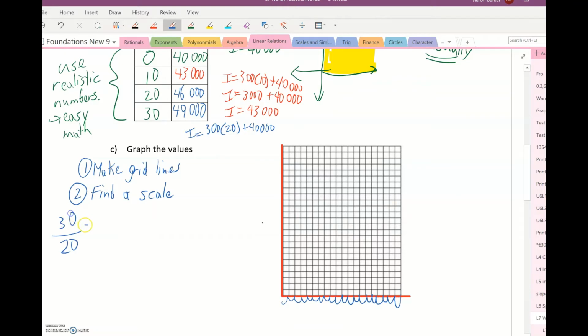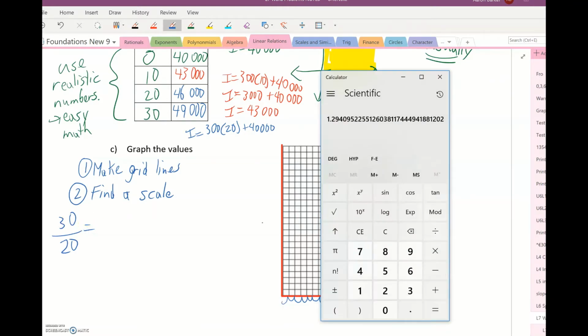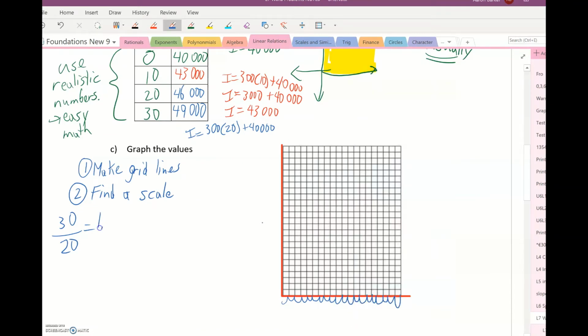So I can go 30 divided by 20 equals 1.5. Now, it would be kind of awkward to go up by 1.5. So I would round up. So I would say 2 machines per 1 square. Okay, and that's because we have 30 machines and we have 20 squares. So we're going to go up by 2s.